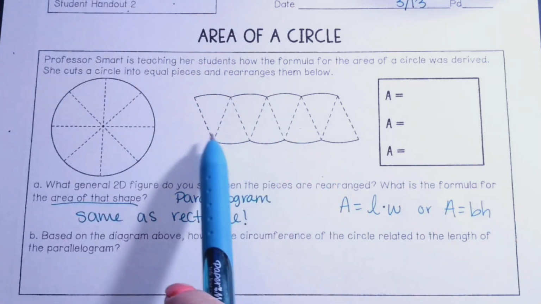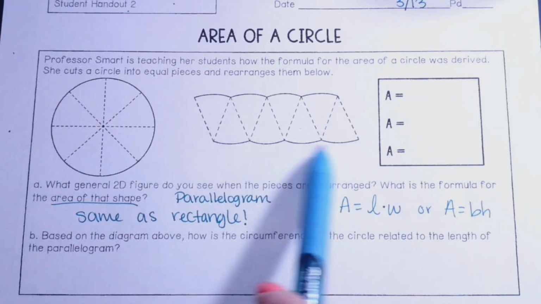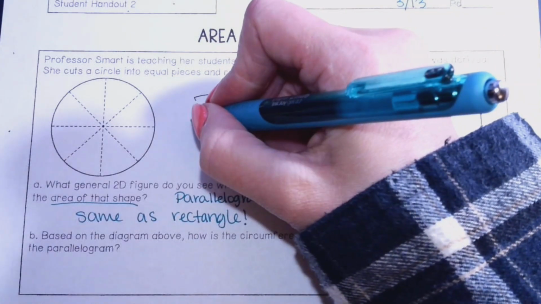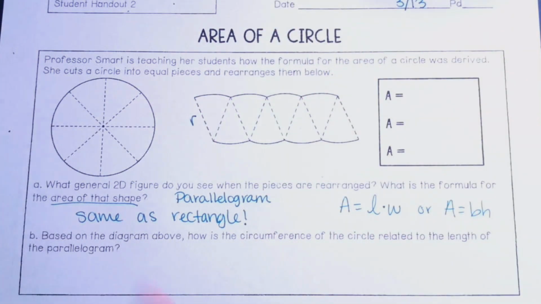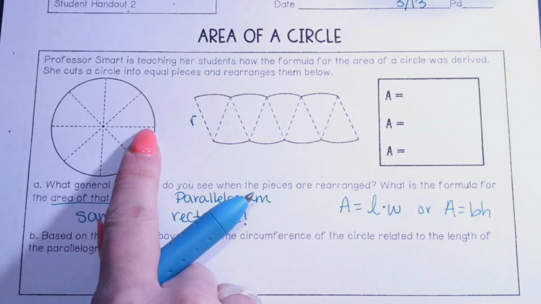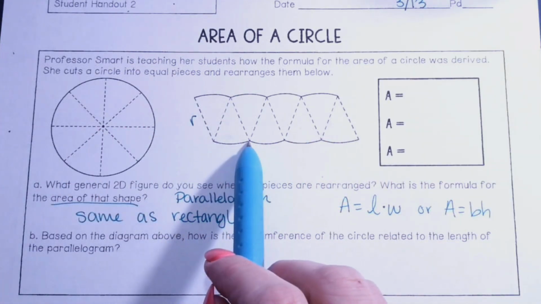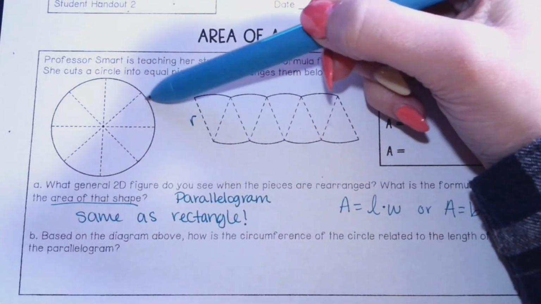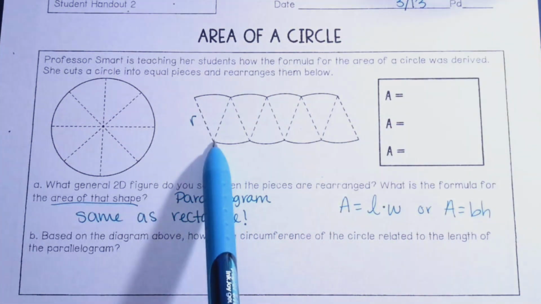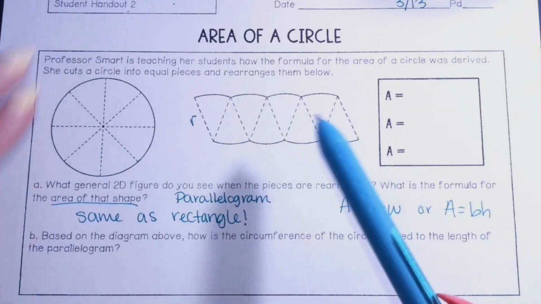But what is this length right here? We know that these dotted lines are the radius, because we can see that right here. Each one of these slightly curved lines shows up right here on the circle, okay? And I can see here that there are 4 at the bottom.